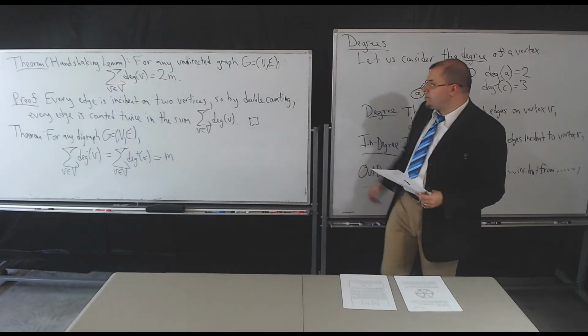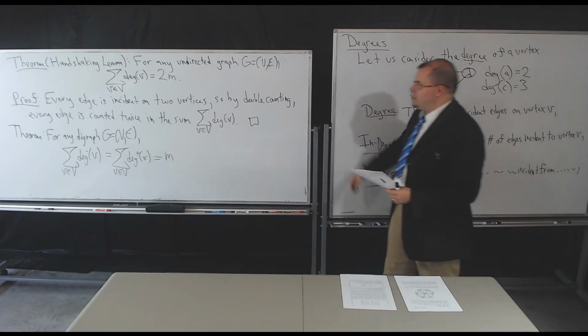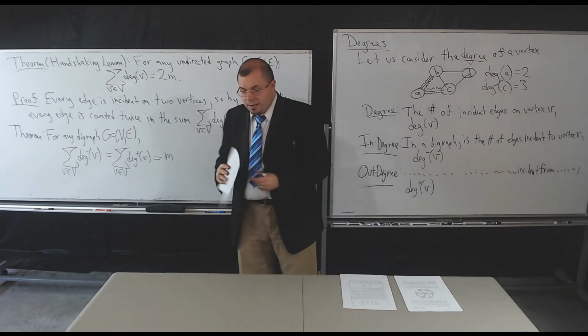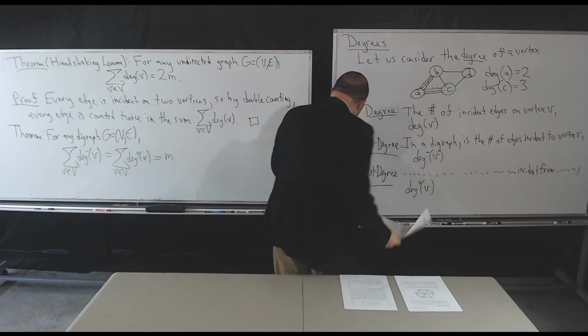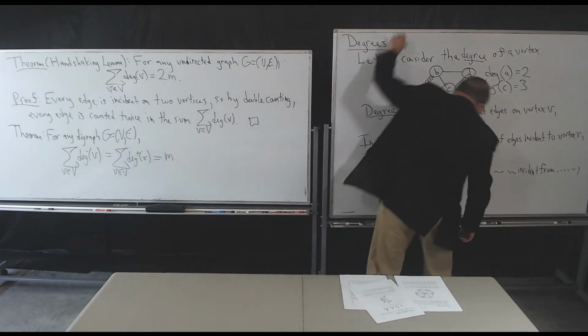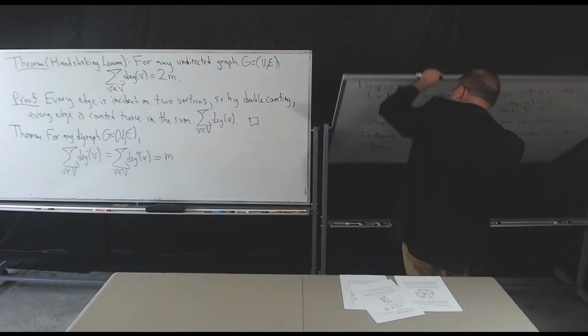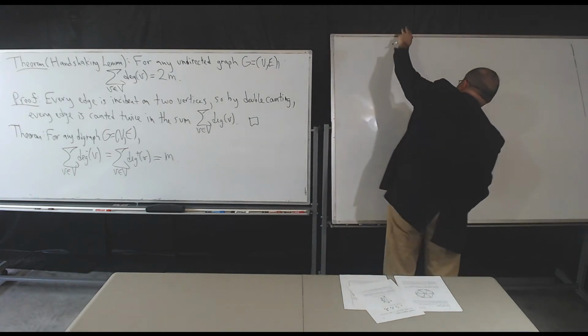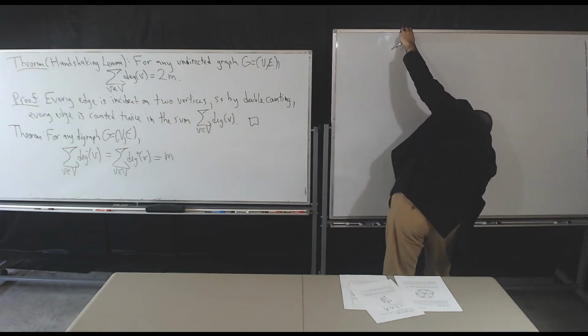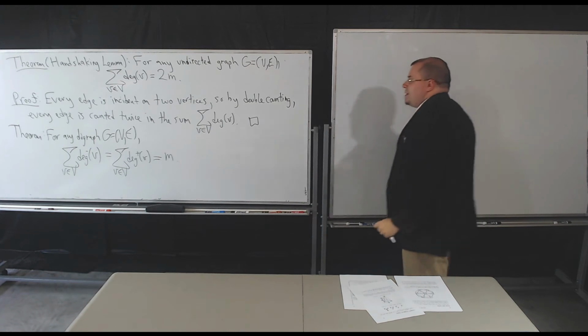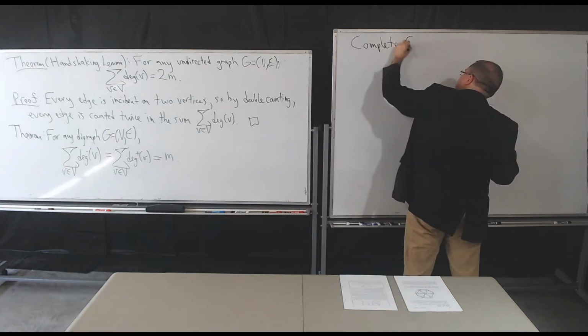I'm not going to prove this one for you, but the ideas are pretty similar. So that's all I have to say about degrees. This fact on the handshaking lemma will creep up every once in a while when we talk about graphs.